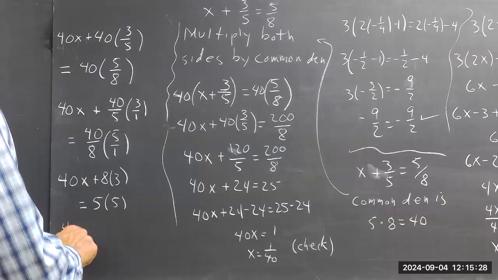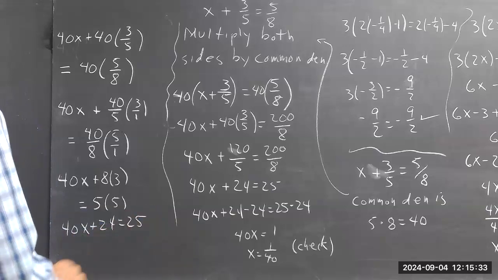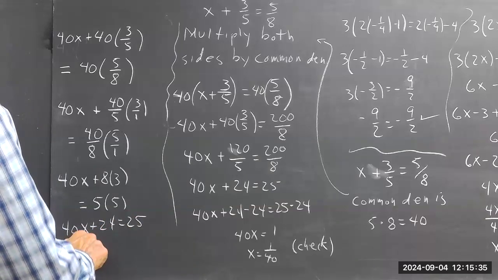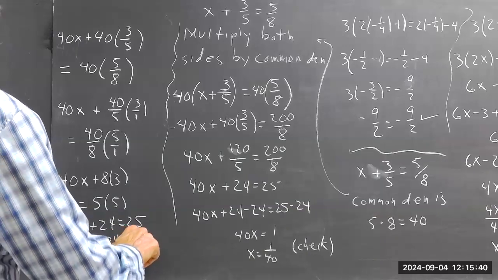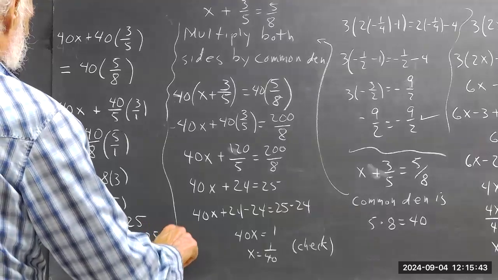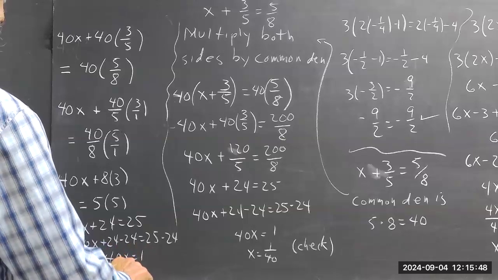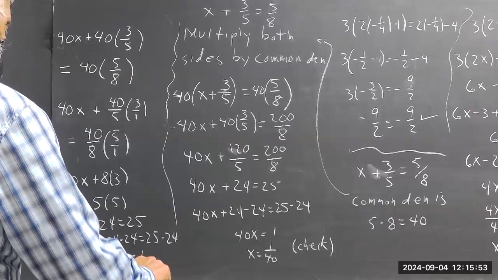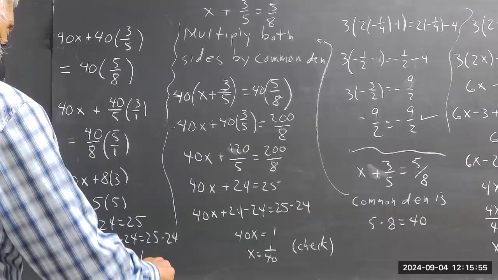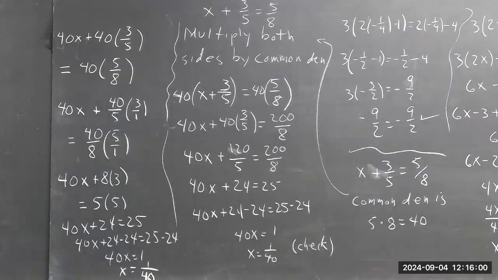And we get 40x plus 24 equals 25. Subtract 24 from both sides. 40x equals 1. And there's a step that should be written out here, but I don't have room. But there it is. Get the same solution.